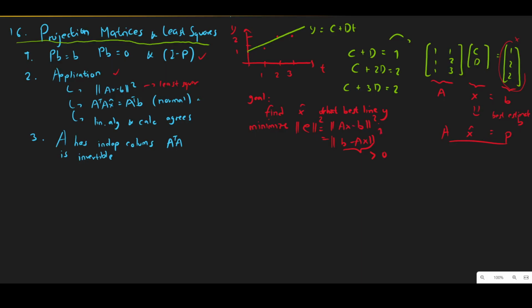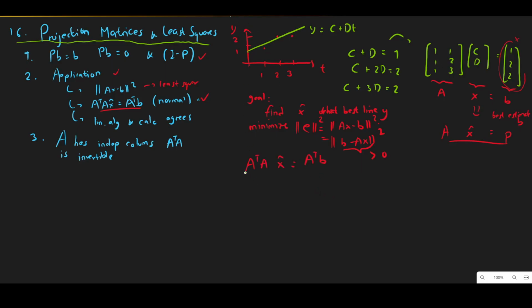Professor Strang doesn't explain further the actual reason why it was squared, but if you know, please let me know in the comments below, and we'll move on. So we want to find this combination, the x hat, and we find x hat through this equation, which we also discussed in the previous lecture.